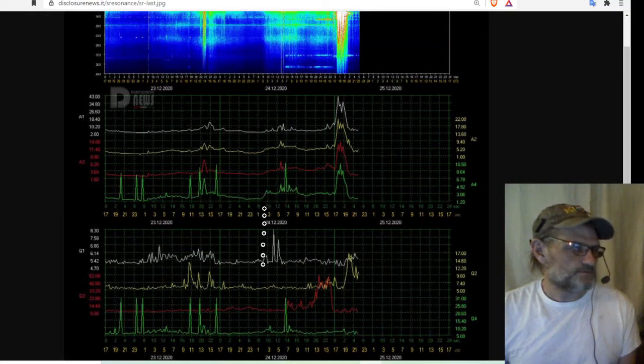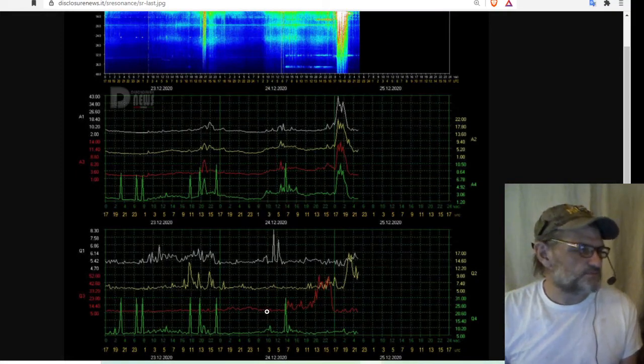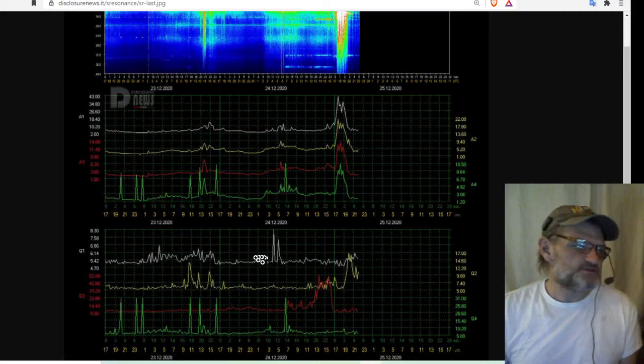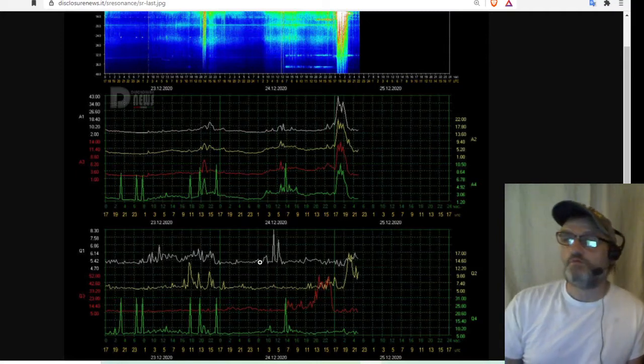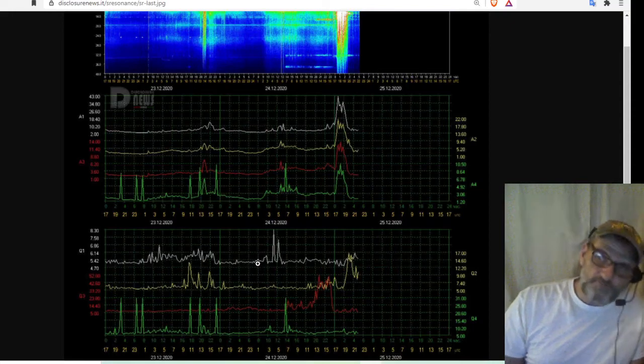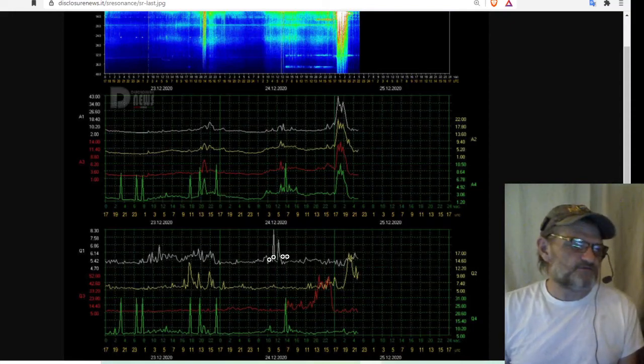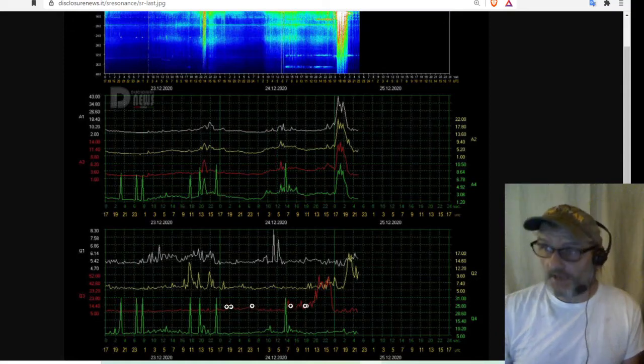Look at this here. This right here is a mark of 14. At the same place, this is 5 or 6. So the intensity of the white is approximately 1/3 of this red.